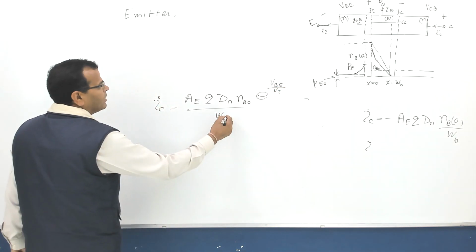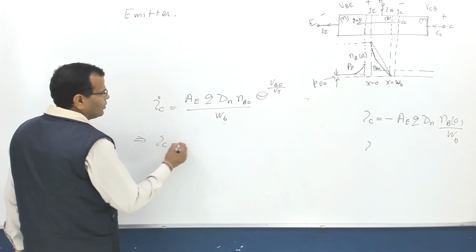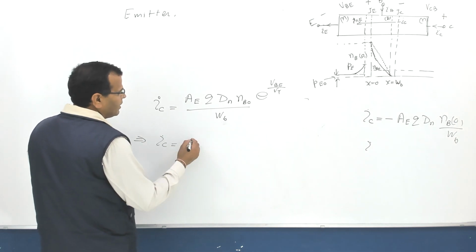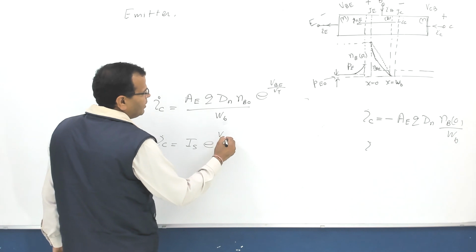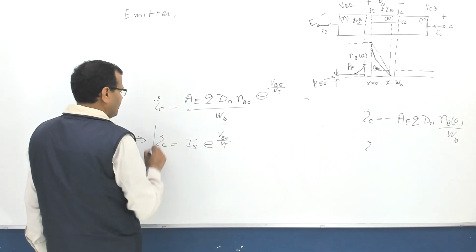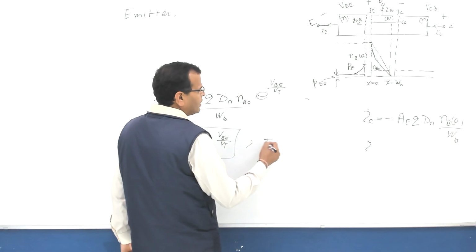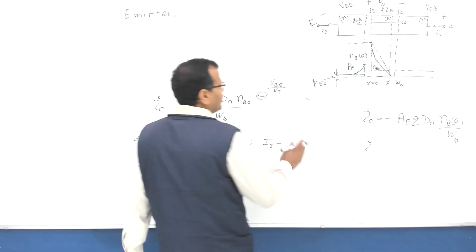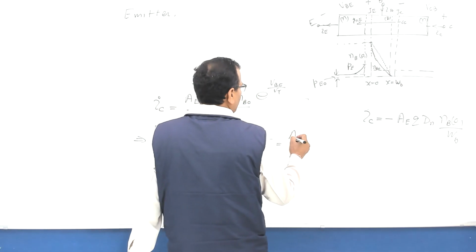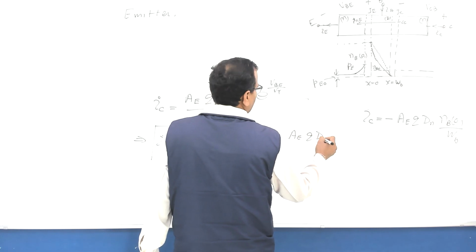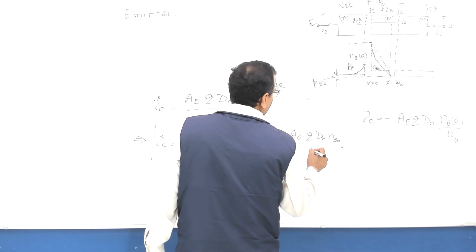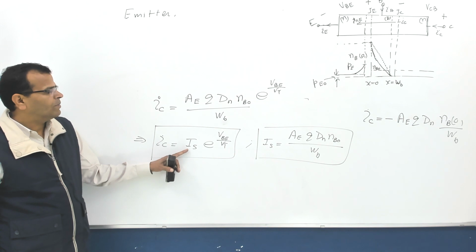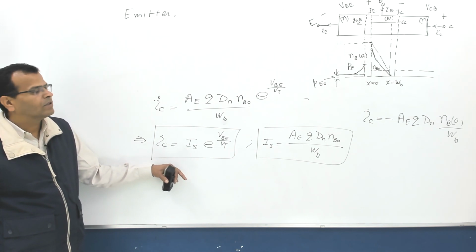I will rewrite it like this: IC is equal to IS e raised to power VBE by VT, where IS is nothing but, we call it the reverse saturation current or leakage current, whatever you give the name. That is AE Q dN NB0 by WB, just for reducing the expression. Sometimes we call IS the saturation current, so just remember that.